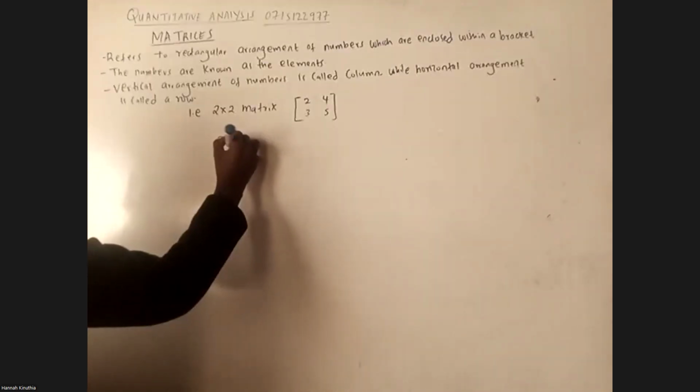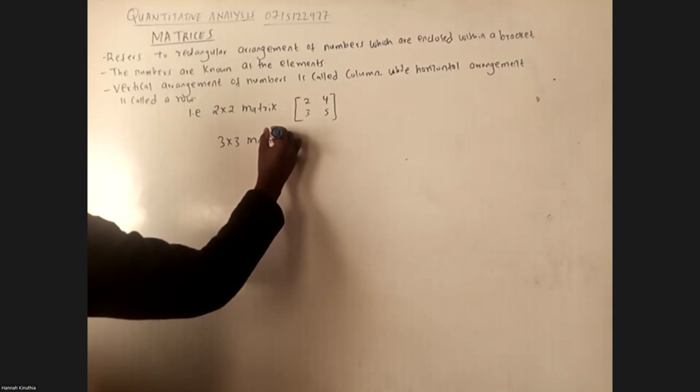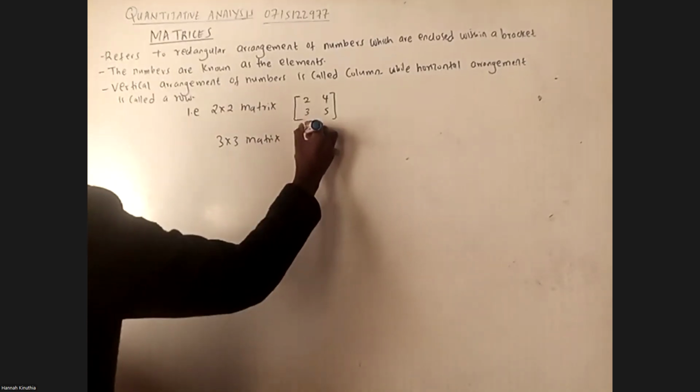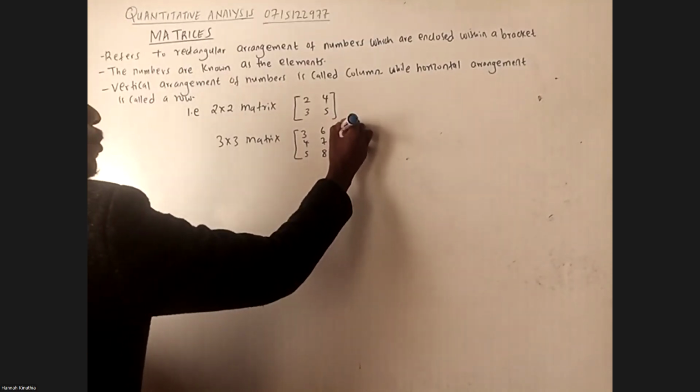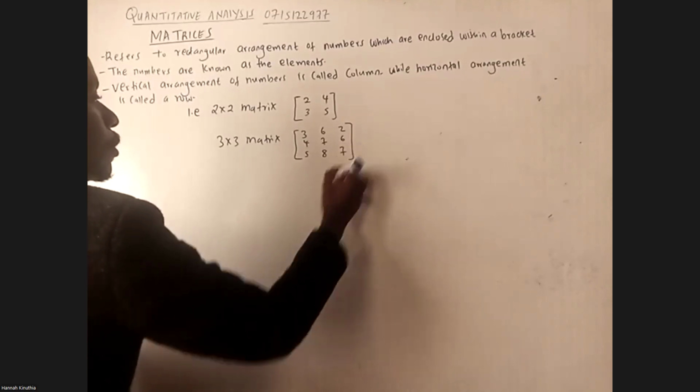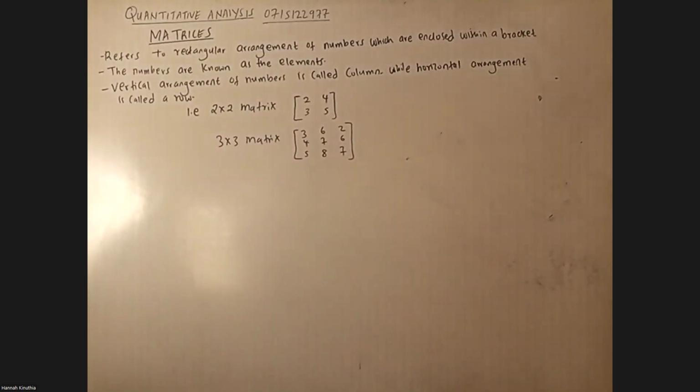Another is a 3 by 3 matrix: 3, 5, 6, 7, 8, 2, 6, 7. The numbers inside the brackets are called the elements, while when you enclose those numbers using a bracket, then those items will be known as the matrix.